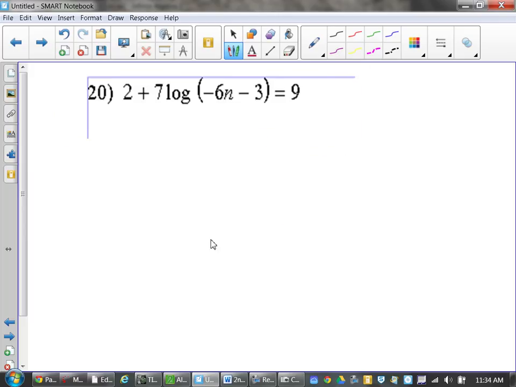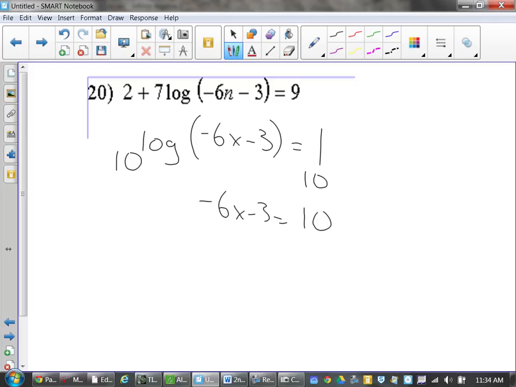So this one here, subtract 2, divide by 7. So 1... It's base 10, right? It's base 10, so you just assume that it's not there.